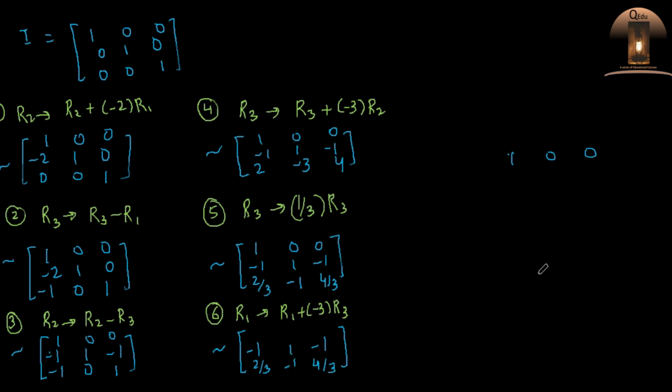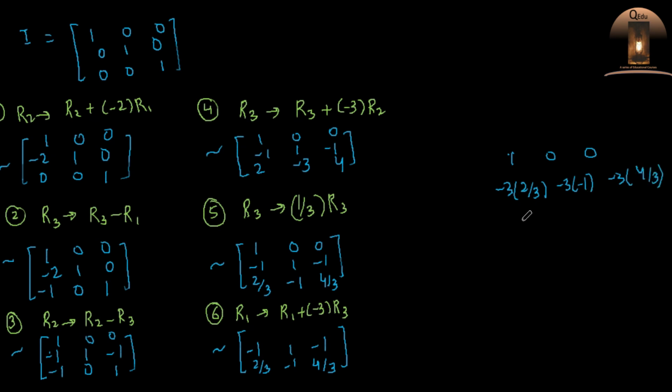Here we have the elements of the first row, which are 1, 0, 0 from the last matrix, and then minus 3 times row 3. So minus 3 multiplied by the first element of row 3, 2 upon 3, and then minus 3 multiplied by the second element of row 3, and then minus 3 multiplied by the third element of row 3 from the last matrix.